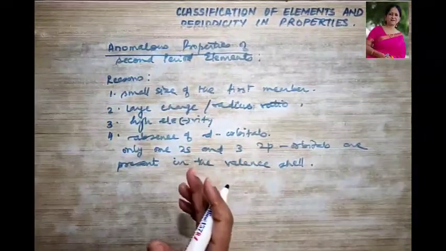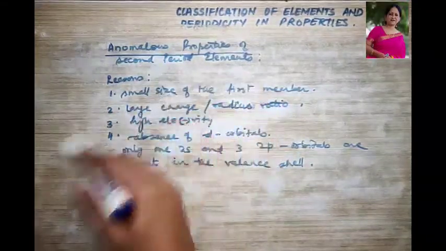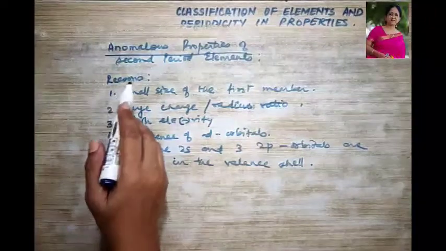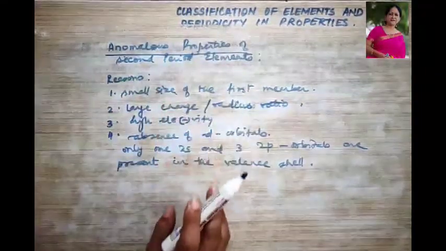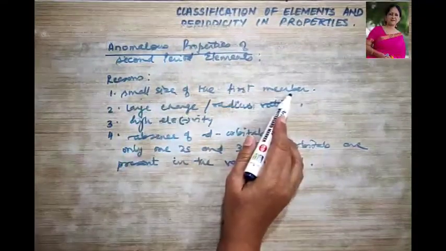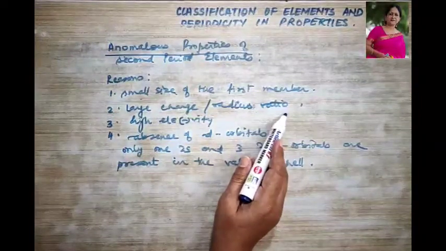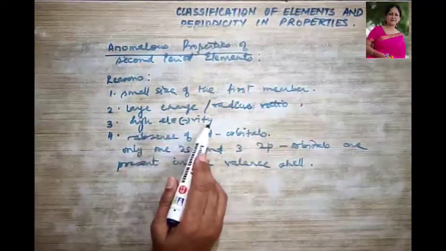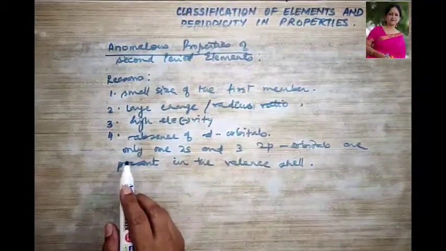The anomalous properties, you should be knowing the properties of the second period group, and then what the anomalous properties there are. These are some of the reasons why we see the anomalous properties in the second period. What are they? The small size of the first member, then maybe the large charge to radius ratio we are talking about, or high electronegativity, or the absence of d orbitals, right?